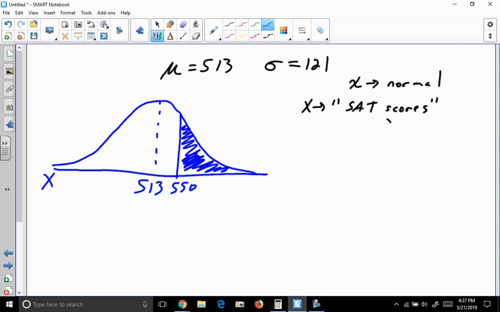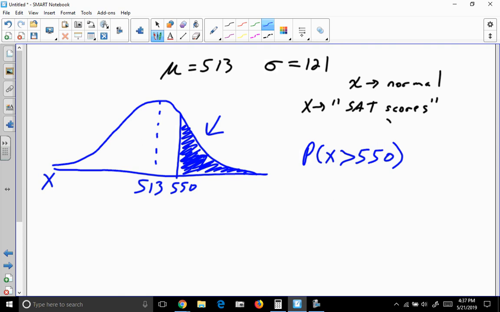If we want to know how many people, first we need to know how likely it is for someone to be in that area. So what is the probability that a single person scores more than 550? Or you can say, what percentage of the population scores more than 550?